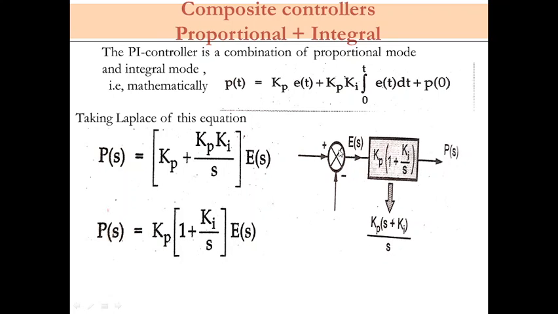And this is the basic block diagram of the proportional plus integral controller. Practically, this Ki, the integral constant, is indicated in terms of integral time, Ti, where we take the integral time as the reciprocal of the integral gain, that is Ti equal to 1 by Ki.